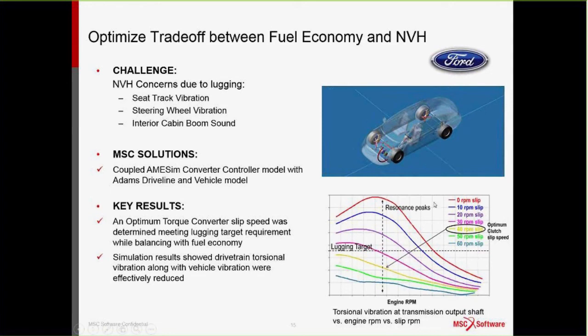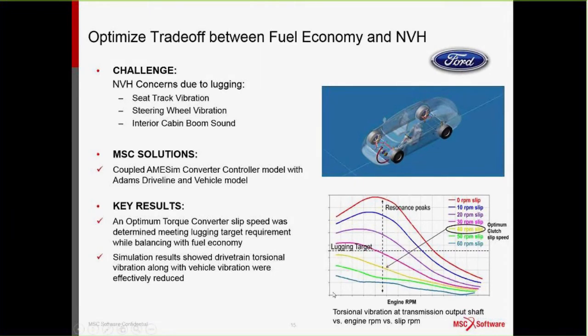But at the same time, we know that if we tune the slip RPM at a very high level, it will compromise the engine's fuel efficiency. And there's also a line that indicates the lugging target, which means across a broad range of different engine RPMs, the NVH performance, the torsional vibration, has to stay below that lugging target.